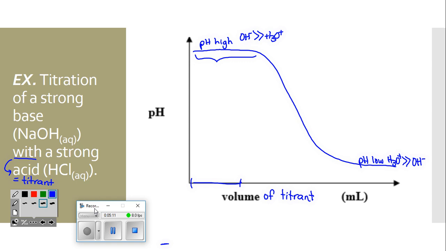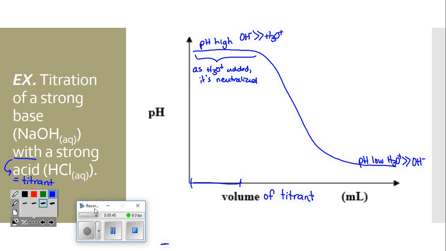They're neutralizing each other. In the beginning, there's so much hydroxide that the little bit of hydronium that I add gets neutralized right away. So, as hydronium is added, it's neutralized. So for a while, because I'm adding a little bit at a time, there's such a huge excess of hydroxide ions that those ions will easily neutralize the hydronium I add.